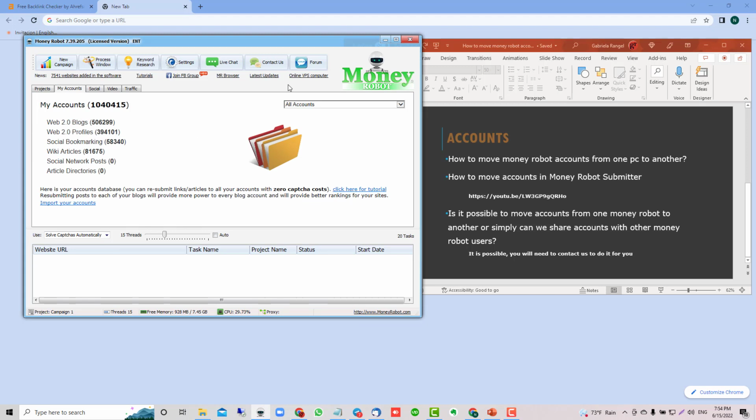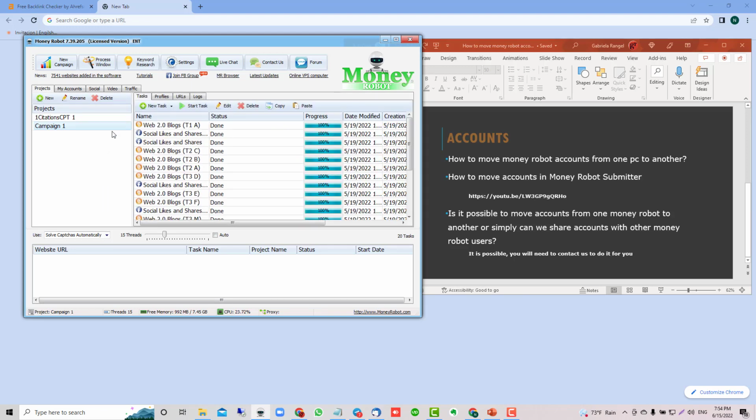All the accounts you have under your license are going to be in PC1 and PC2. What is not shared at that specific moment: if I create a campaign here, that campaign is going to be in PC1 and doesn't exist in PC2. That's really important to know.